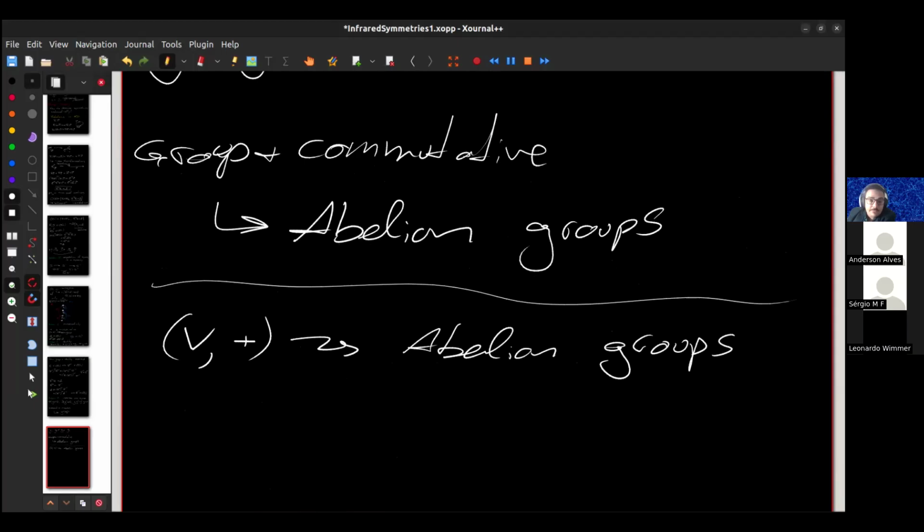They're not abelian groups with respect to the scalar product, because the scalar product doesn't even take 2 copies of the vector space into itself. It takes a scalar and a vector into a vector. And what the group product does is take 2 group elements into a new group element, just like vector space addition. So if you take 2 vectors and you sum them, then you get, as a result, a new vector.